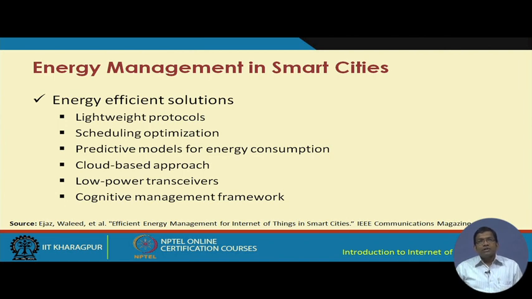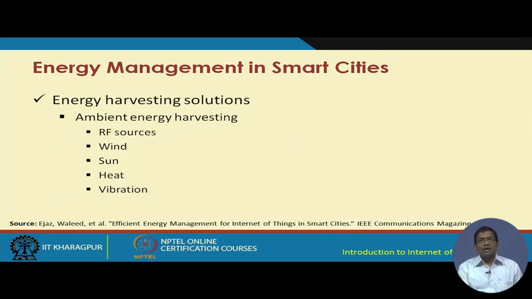It is required to schedule the optimization of energy consumption, and then predictive models for energy consumption is another important thing. Then you have the cloud based approach, low power transceivers, cognitive management framework. These are the different energy efficient solutions for energy management in smart cities.